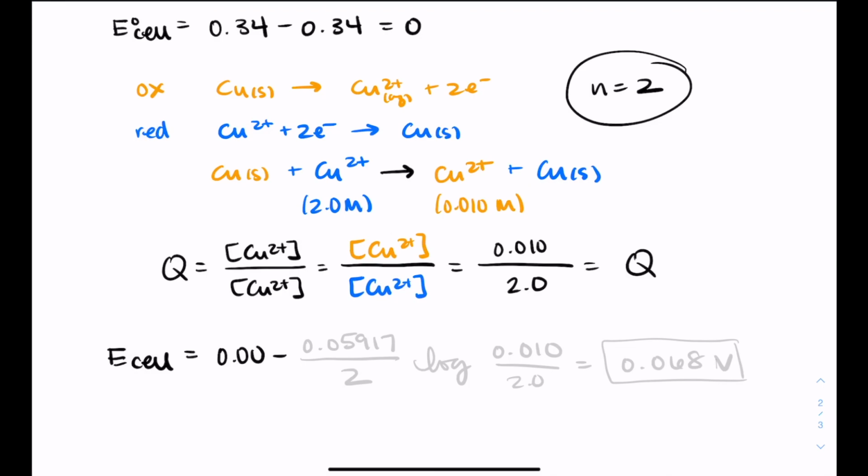So my cell potential is 0, which was my standard cell potential, minus 0.05917 divided by 2 times the log of 0.010 over 2, and I get 0.068 volts out of this. So a positive value for the cell potential means that this will run spontaneously. It's thermodynamically favored, but it is only doing so because of those concentration differences.